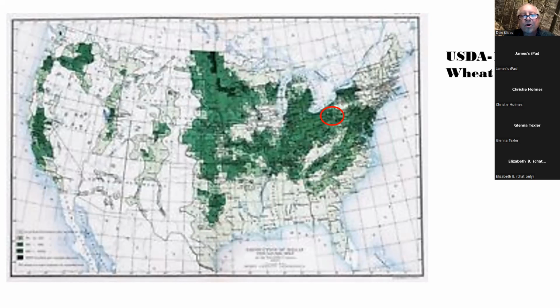In other words, the agricultural usage of the land throughout the U.S. And as you can see, the entirety of Ohio, as I have circled here in red, is completely covered in green. And that is what happened when Ohio was settled in the 1830s and 1840s.